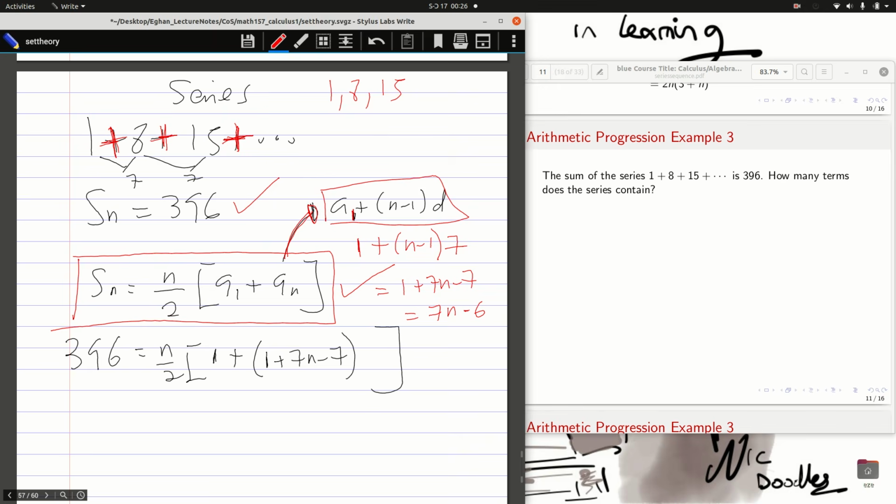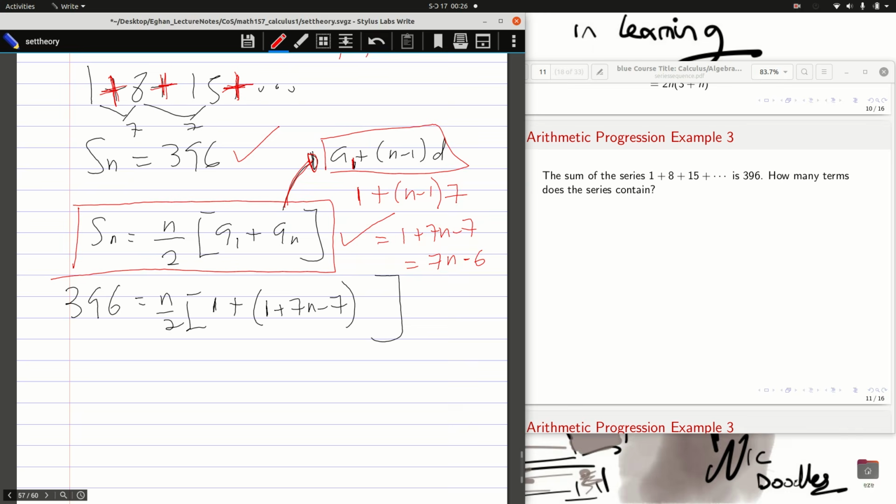Yeah, that is it. So I can now substitute A1, which is still 1 here, plus An. I had 7n minus 6. Then I can expand. Don't forget Sn has been given, so you don't forget that number. n/2 times this is going to give me 7n minus 5.